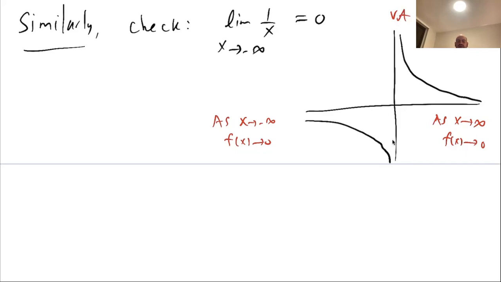And from the left, x approaches 0 from the left, y values approach minus infinity, which means lower and lower, with a negative sign. So we saw the vertical asymptote before, and here we saw that this also has a horizontal asymptote at y equals 0. So we can say that y equals 0 is a horizontal asymptote for y equals 1 over x.